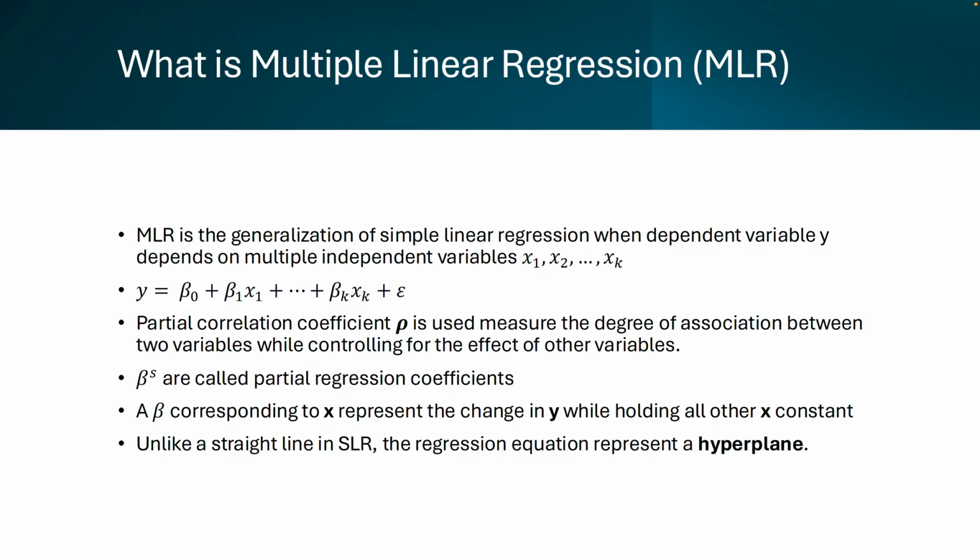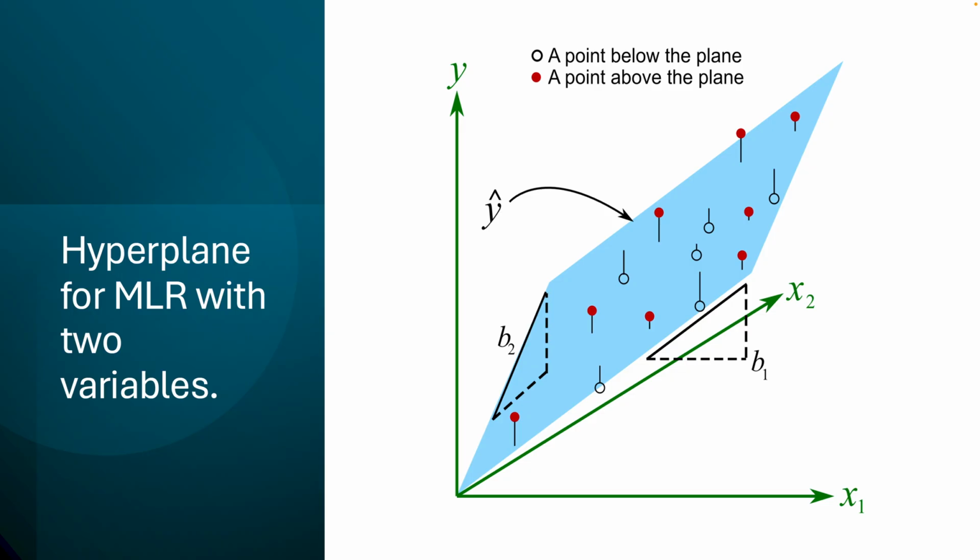Unlike a straight line in SLR, the regression equation represents a hyperplane in a k-dimensional space. We can visualize a two-dimensional hyperplane, which is a plane like a sheet of paper. So here we have x1 and x2 determining y.